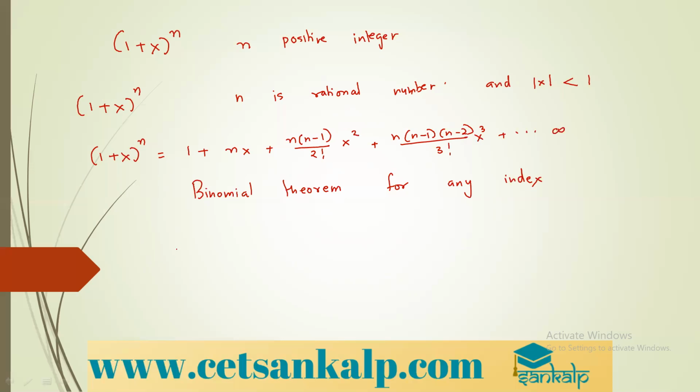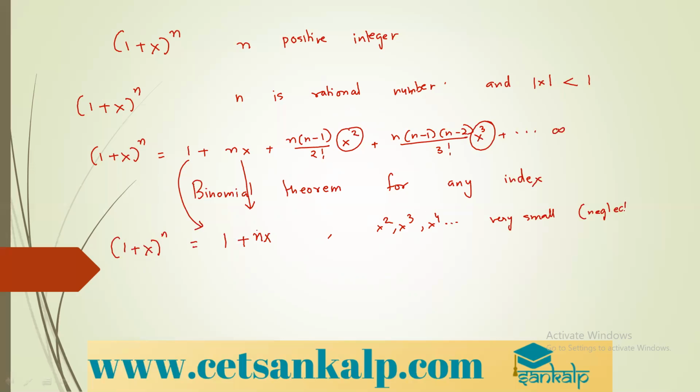Now, we will learn a few things here. If you take (1 plus x) whole power n, the first term is 1 here. Second term is plus nx. But because the remaining terms are very small, x square, x cube, x power 4 are very small numbers, so they all can be neglected.